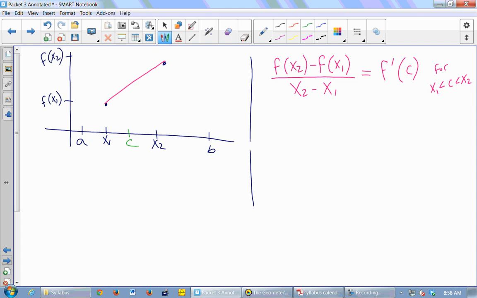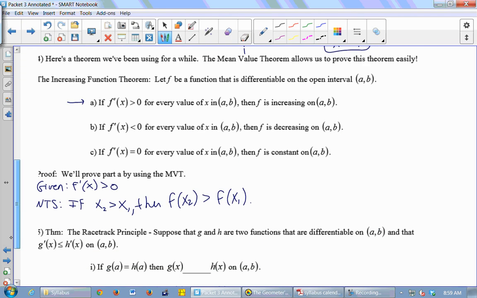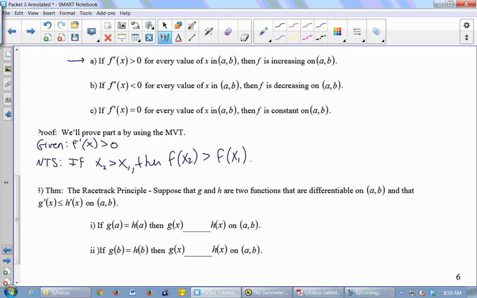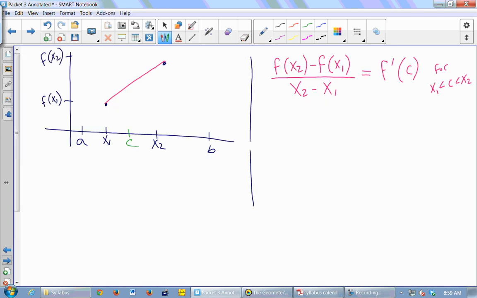But what do you know about f prime of c on this interval? It's positive. That was the piece that I was given. That's the thing I can assume. F prime is positive on every point between a and b. Okay. So I know that this is positive. So I'm going to solve for f of x2 minus f of x1, and that is going to be f prime of c times x2 minus x1.